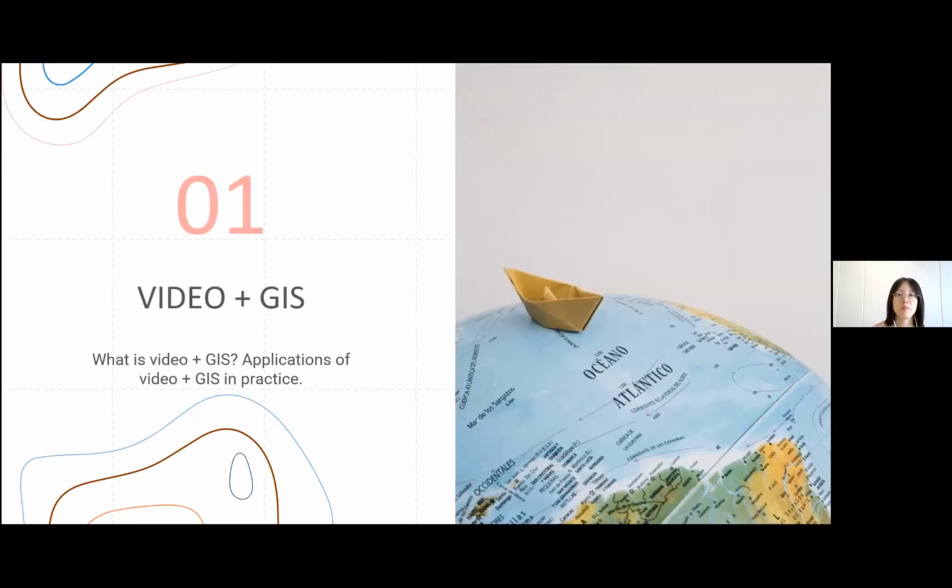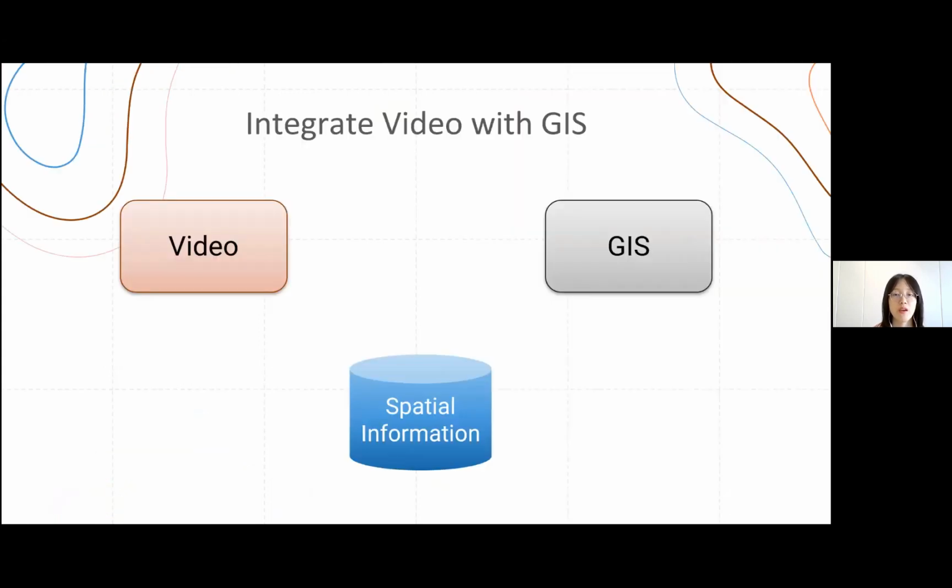First, let's have a general introduction on the integration of video and GIS. In traditional GIS, no matter what kind of data you are using, eventually you have to assign a coordinate system for them so that they can be used in a GIS system, and that rule can also be applied to video as well.